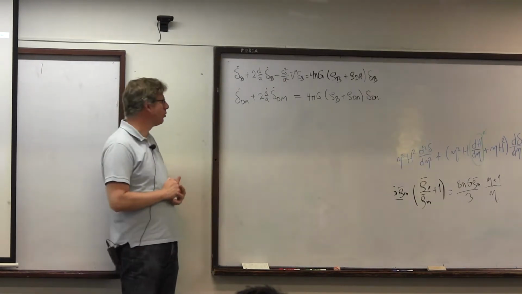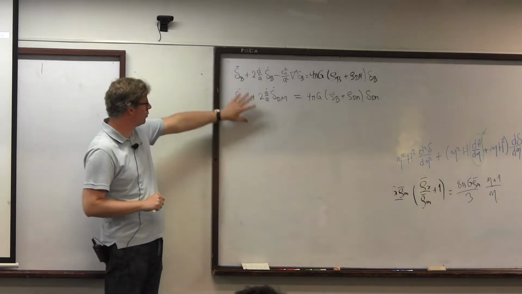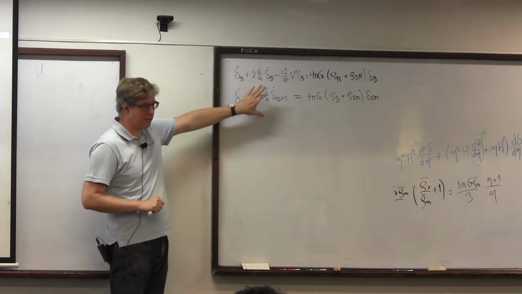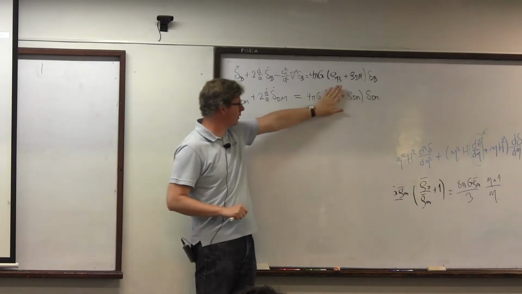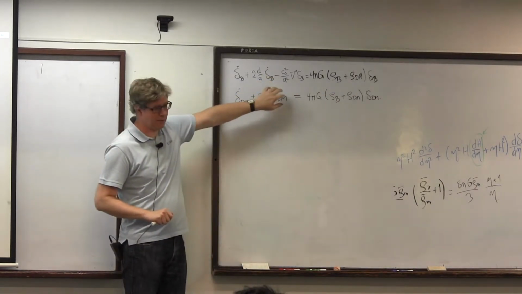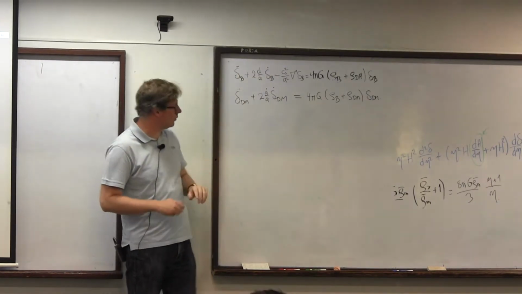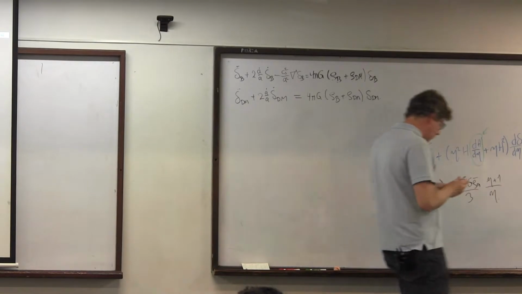But so usually what you do is you plug in a solution. You find a solution for dark matter. You assume first that there are no baryons. You get a solution. You plug that one in here, and then you will find that this here is going to be, let's see if I can remember more or less what it is.